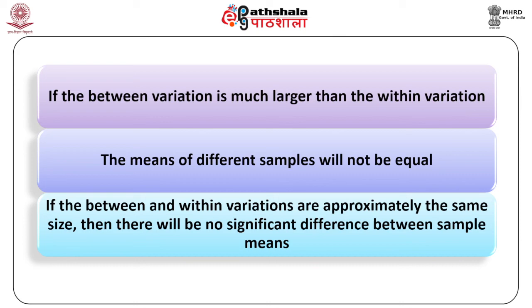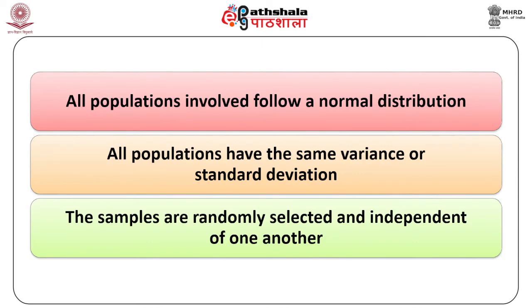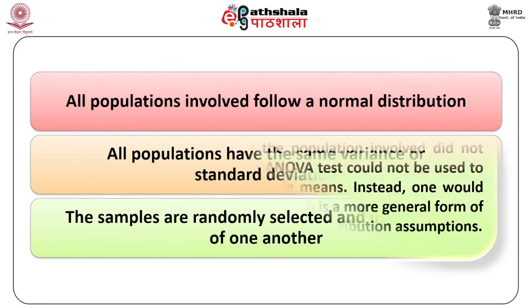If the between and within variations are approximately the same size, then there will be no significant difference between sample means. Assumptions of ANOVA. All populations involved follow a normal distribution. All populations have the same variance or standard deviation. The samples are randomly selected and independent of one another.